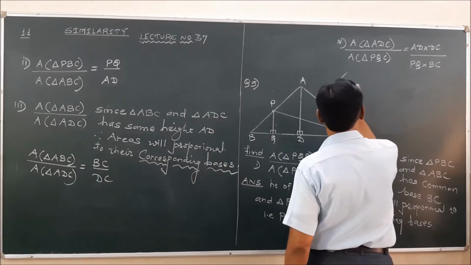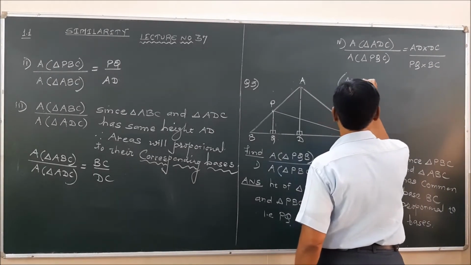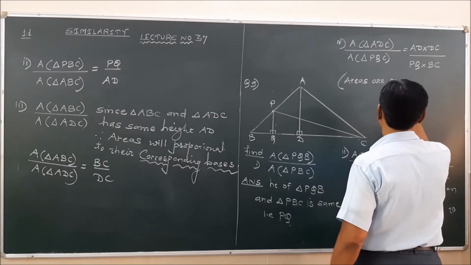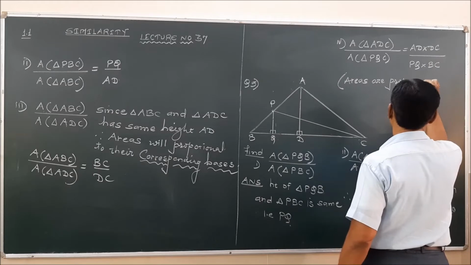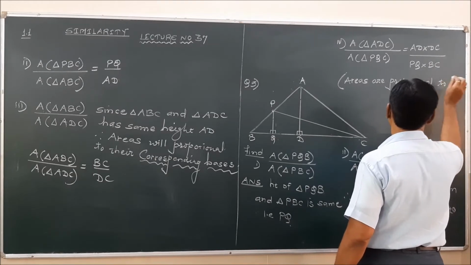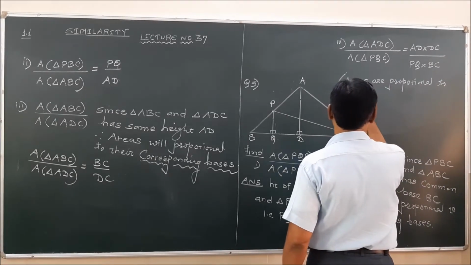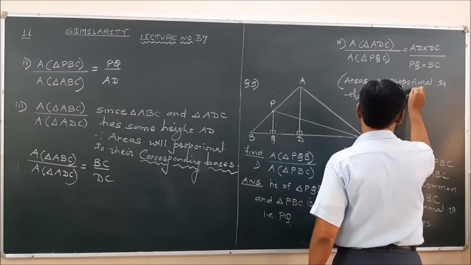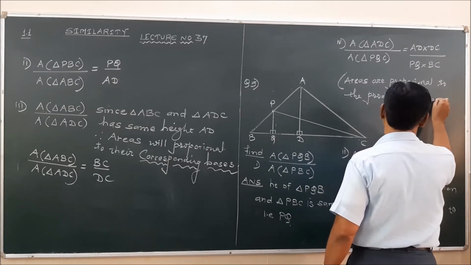So here we write: areas are proportional to the product of base and height.